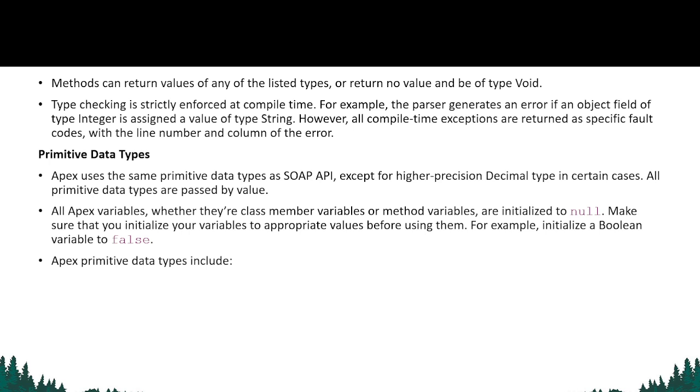We have class members and method variables, all of which can be initialized to null. You can also initialize a boolean variable to the false value. You have the SOAP API also, and the decimal type also.